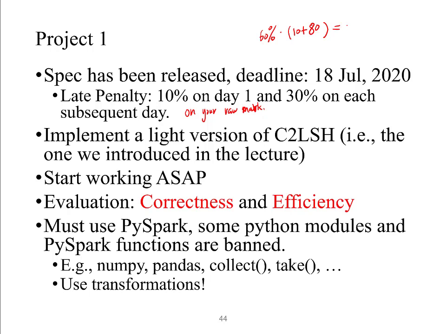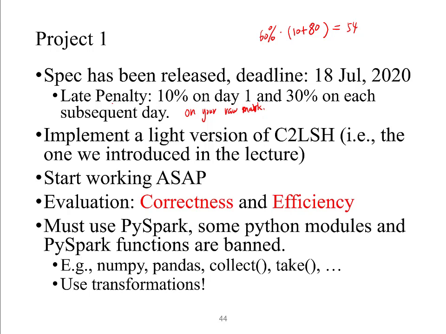So the final score would be 54. It also means that on the fifth day, you don't need to submit your project 1, because the score is reduced to 0.